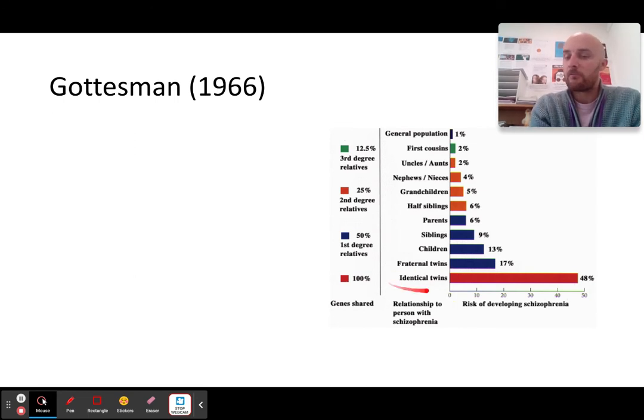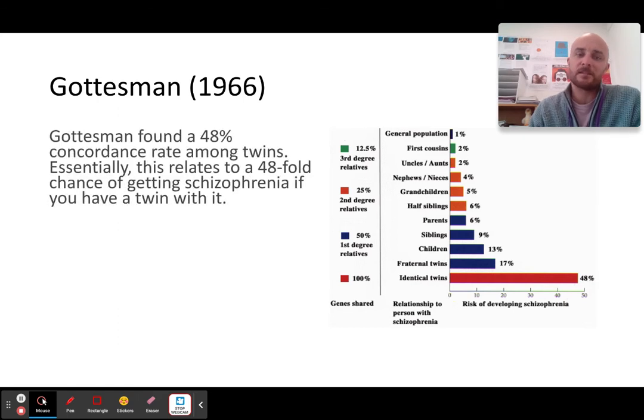Identical twins are raised in almost the exact same environment, same friends, same clothes, same school, same teachers. So maybe it's their environment that's causing this schizophrenia, and the reason why they're both having schizophrenia is because they both had the same environment. And I can't really argue against that. So that's a big criticism.